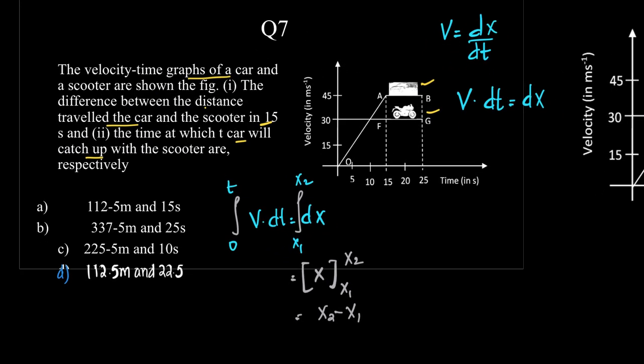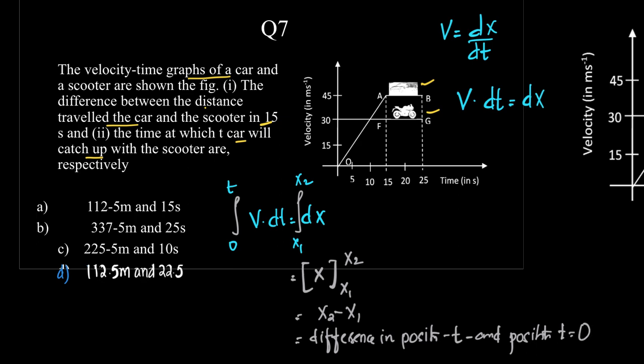When we have x2 minus x1, what does this mean? This is the difference in the position at time t minus the position at time t equal to 0.